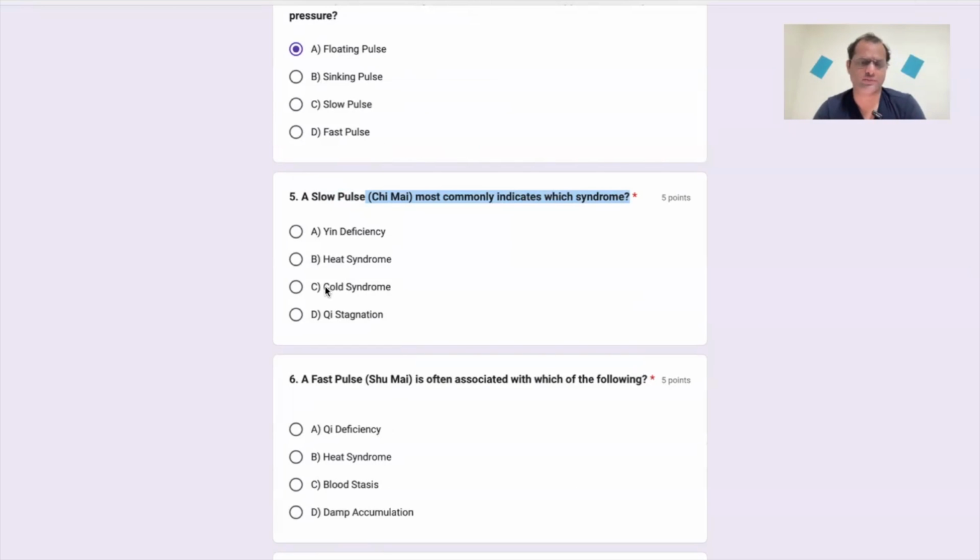Okay, one minute. So the slow pulse commonly indicates cold syndrome.